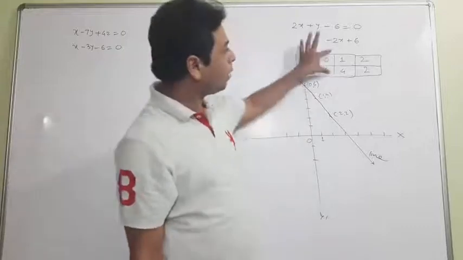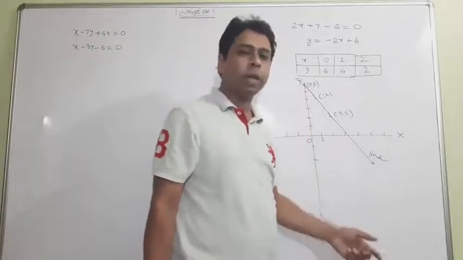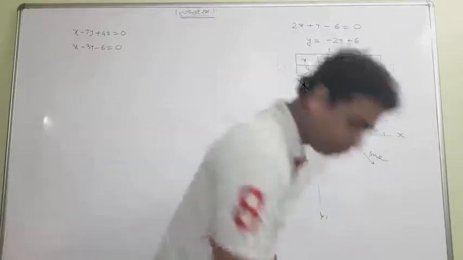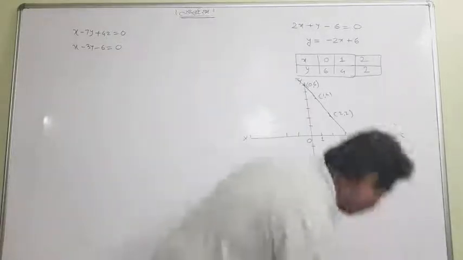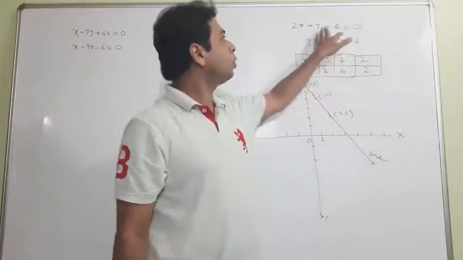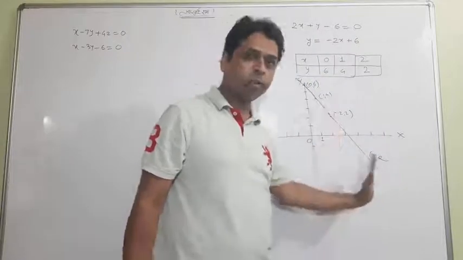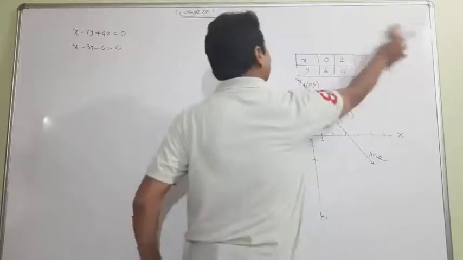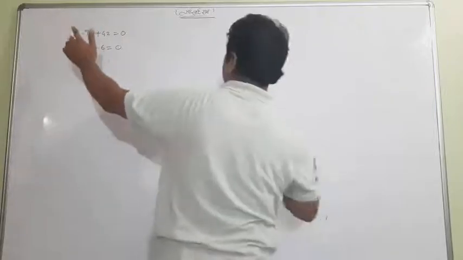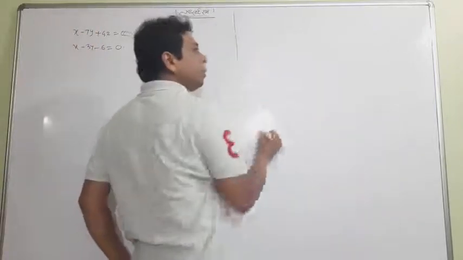Students, look, whatever values you plot here, when you join them, you will definitely get a line. So students, till now I think you got that whenever you draw the graph of any linear equation, you will have a straight line. In this question, what you are told, as in the previous question you remember, is that you need the solution in 2 ways.